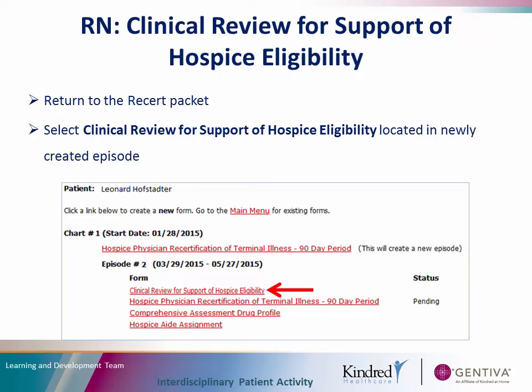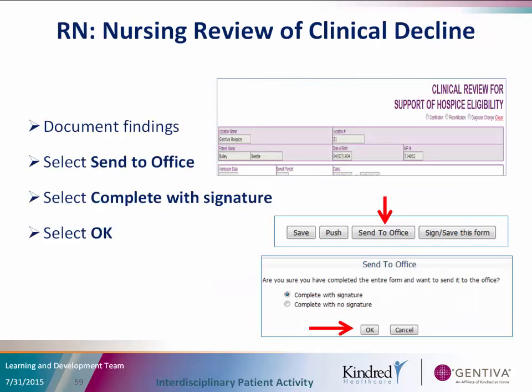It is then sent to office with signature. Here's how it looks. First, open the form and document your findings. Select Send to Office. In the Send to Office box, leave defaulted to Complete with Signature and tap OK.